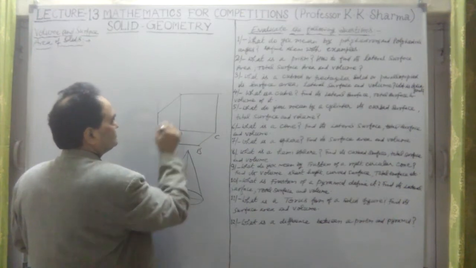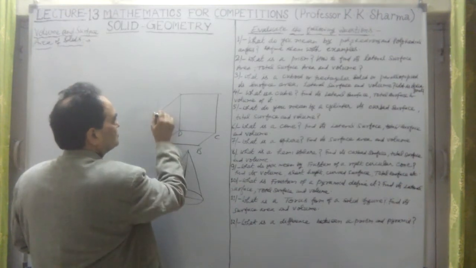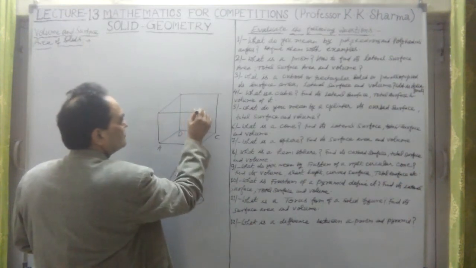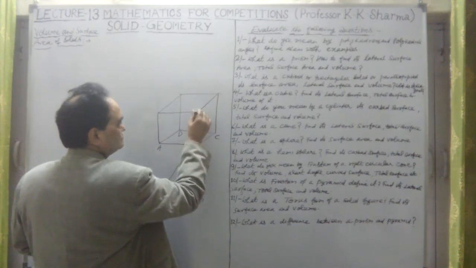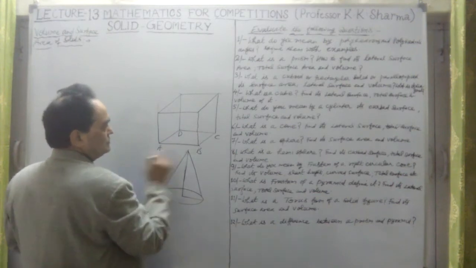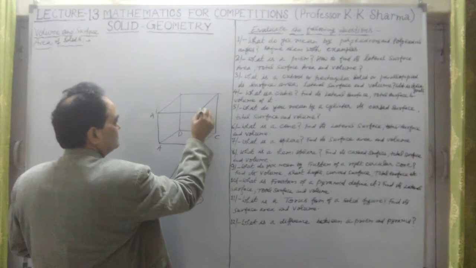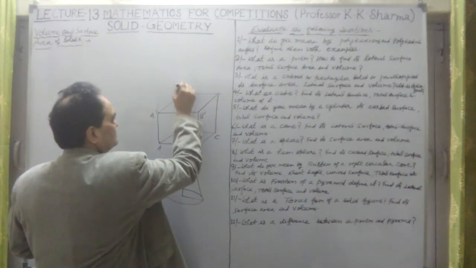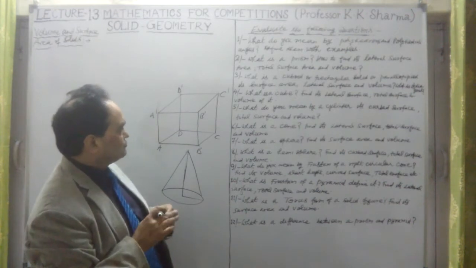This is this kind of figure. So ABCD. Now this is A dash, this is B dash, this is D dash, and this is C dash. So this is in a box form.